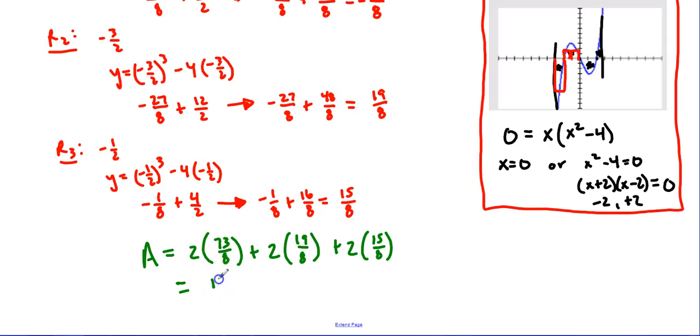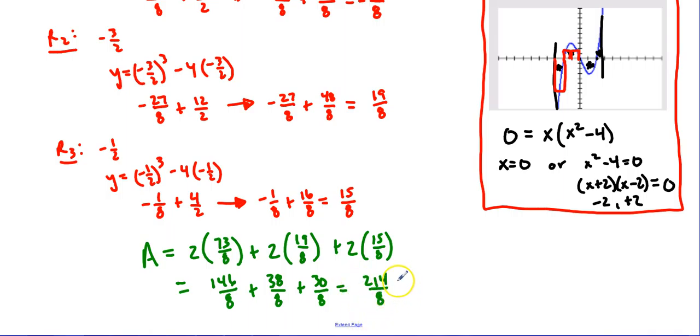That's going to be 146 over 8 plus 38 over 8 plus 30 over 8. Plug that in, that looks like it's 68. It's going to get us to 214, I believe. And there's your area estimate.